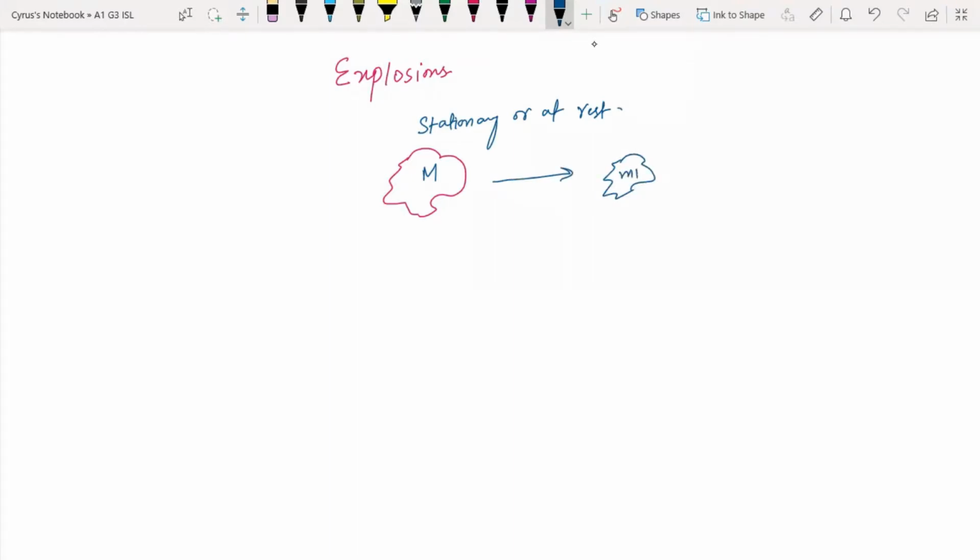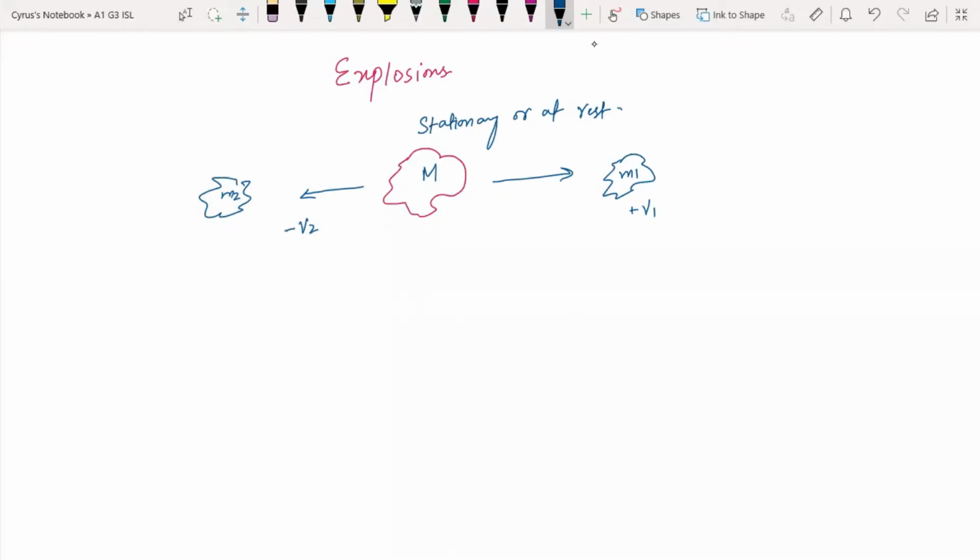This is m1. The velocity is v1, and it's positive because it's going towards right. Okay? Here, the other mass goes here. This is m2. The velocity is going to be negative because it's going towards left. I'll take it as minus v2, right?